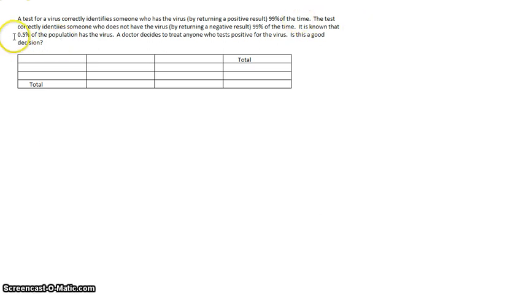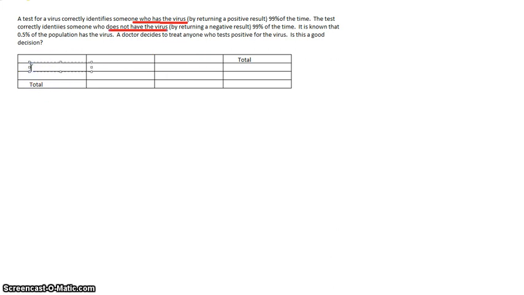It is known that 0.5% of the population has a virus. So I've got a couple of things that I'm looking at here. Someone who has the virus and someone who does not have the virus. So those are going to be two parts of my chart. I can put them here or I can put them here. It does not matter. We will all get the same answer in the end.